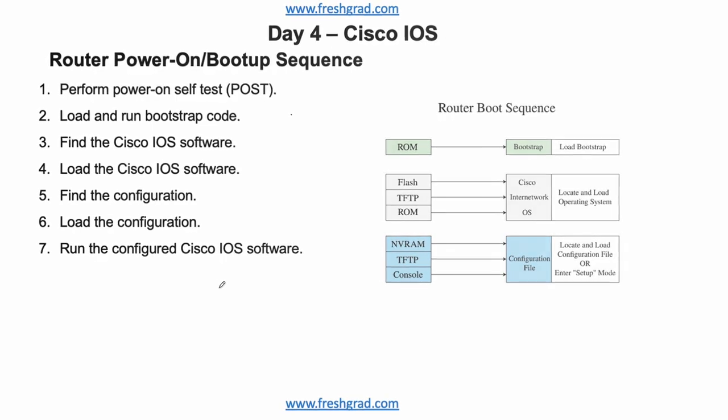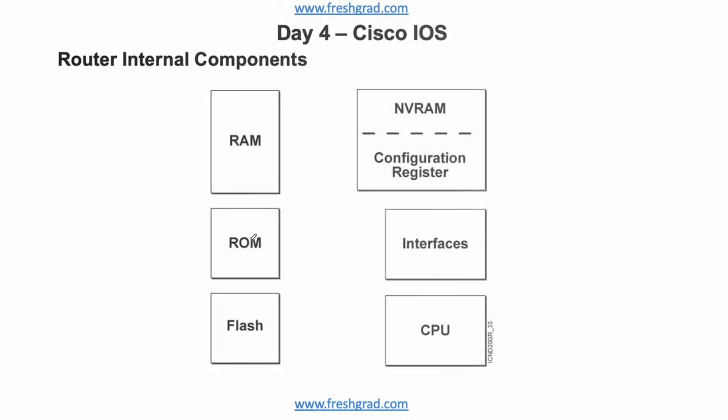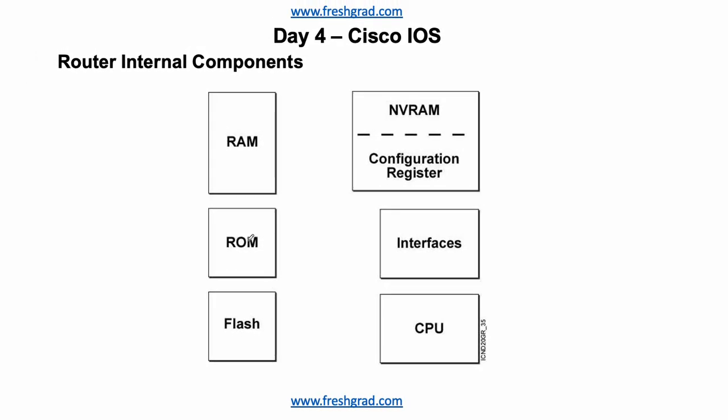Now let's jump into the router internal components. These are the internal components: RAM, ROM, which you might have studied in your university, random access memory, read-only memory, flash, and NVRAM. Random access memory is the main operating memory of the router.